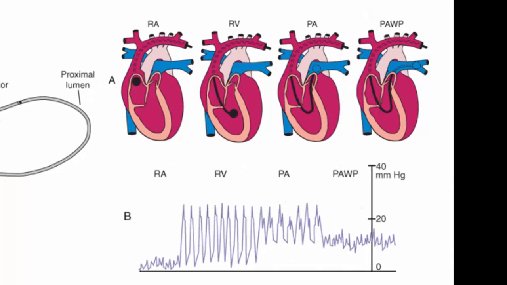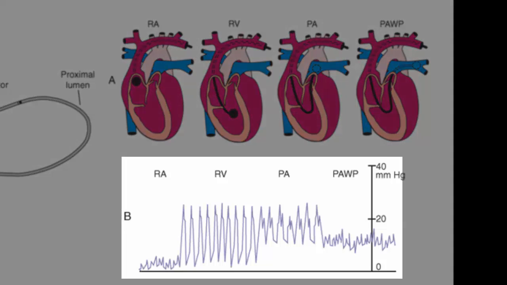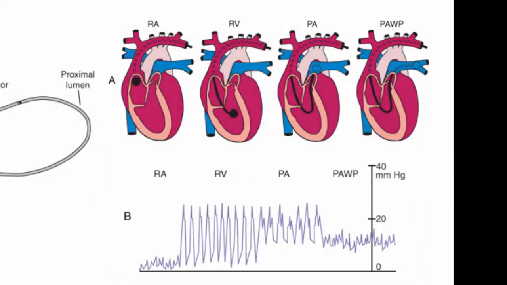As we go across this figure, as you insert this catheter, this tracing tells you where you are. And the way this thing works is you get it into the superior vena cava, and then you inflate that distal balloon that we talked about previously.